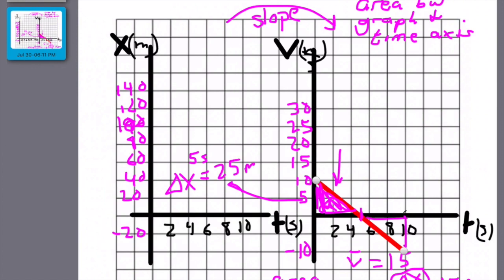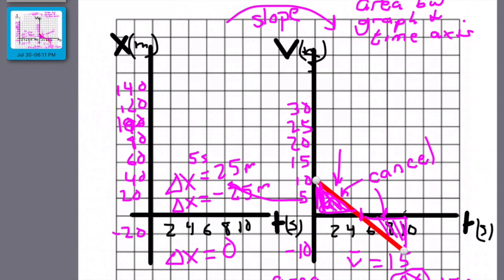This ends up being the exact same for the next 5 seconds. Delta x is negative 25 meters. So the total displacement is 0. In other words, this area and this area cancel out, and you have 0 displacement.